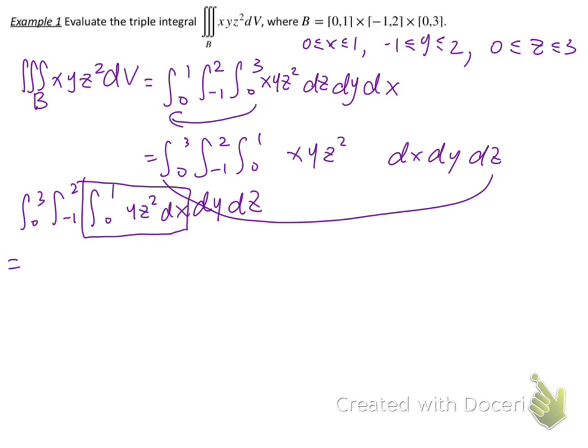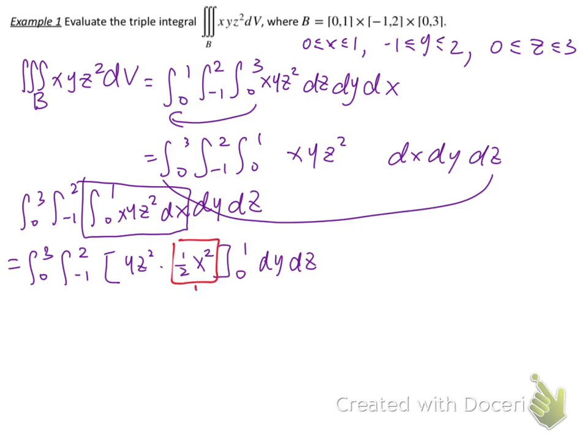Oh sorry, I lost my x. So this will give me from 0 to 3, -1 to 2, inside I have yz squared as coefficient, 1/2 x squared, evaluated from 0 to 1, then dy dz. This evaluation from 0 to 1 will be 1/2 times 1 squared minus 0 squared, which is 1/2.